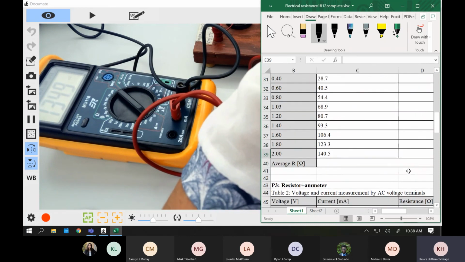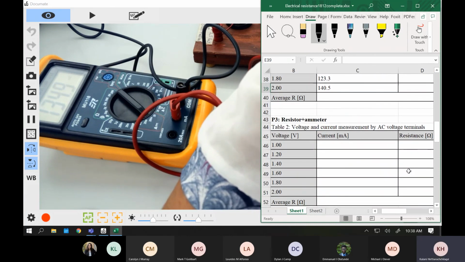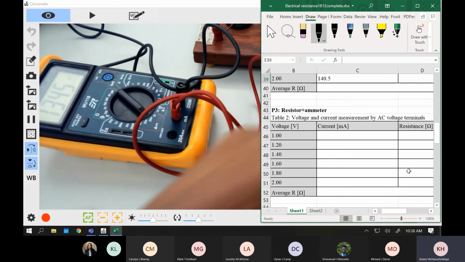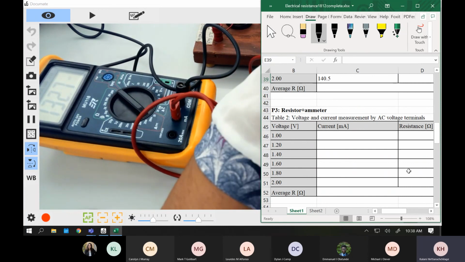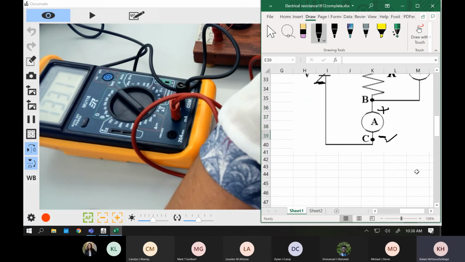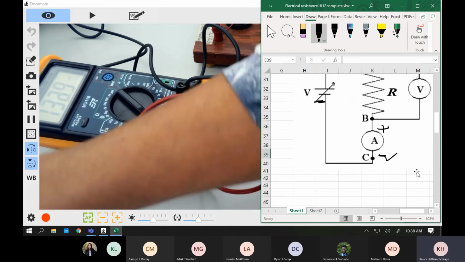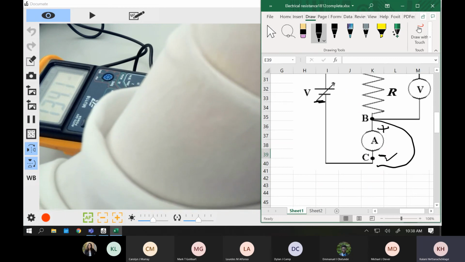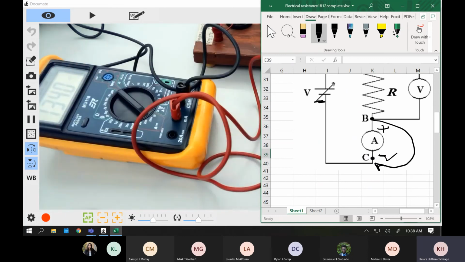Okay, so now next part. What we're going to do is observe the behavior of the resistor with the ammeter, right? So in your circuit, you take your voltage terminal from B to C. So you take out this one and bring it here.